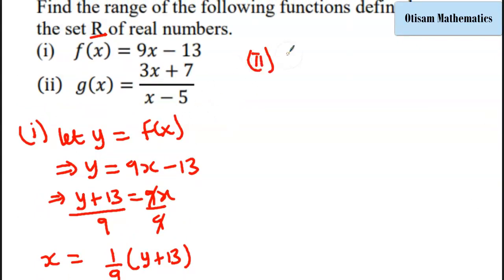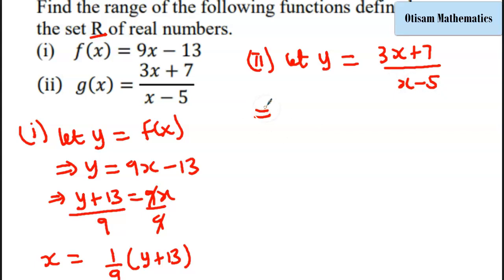Let y be equal to (3x plus 7) over (x minus 5). We cross multiply. Our motive is to make x the subject. So we have yx minus 5y equals 3x plus 7.